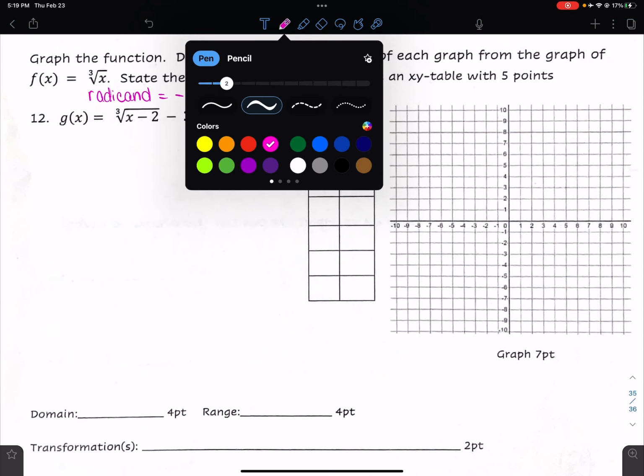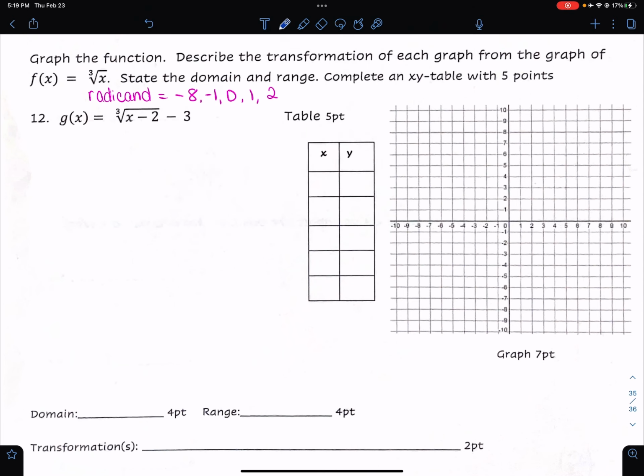Okay? All right, when you simplify those, your x values will be -6, 1, 2, 3, and 10. Okay, when you plug it into this function right here, your outputs will be -5, -4, -3, -2, and -1.